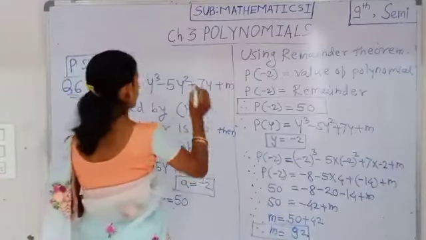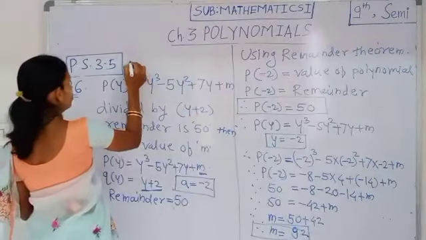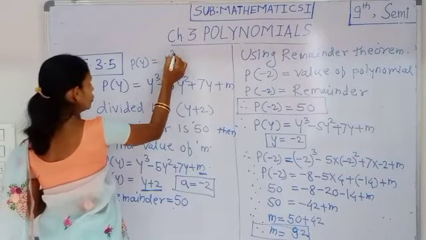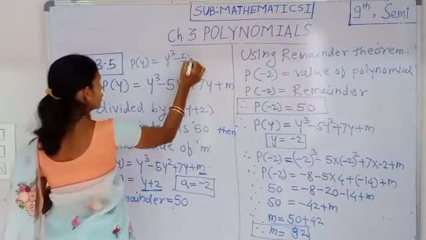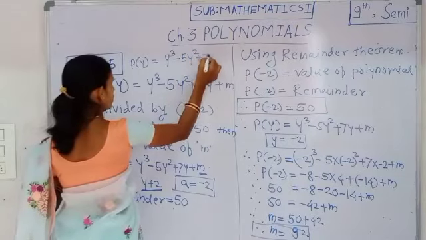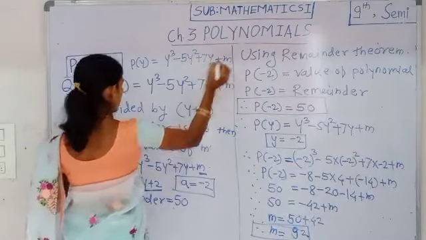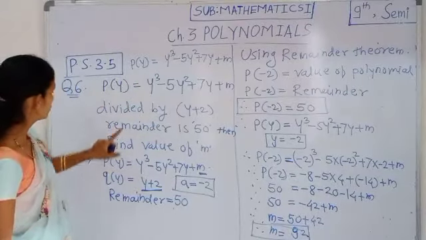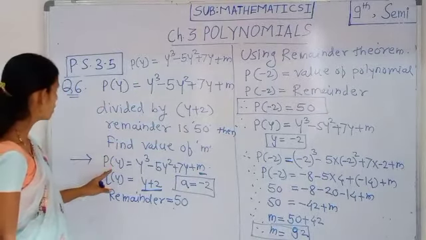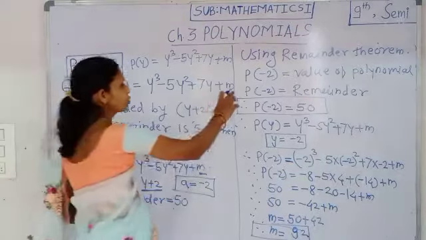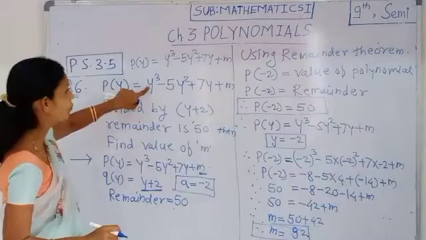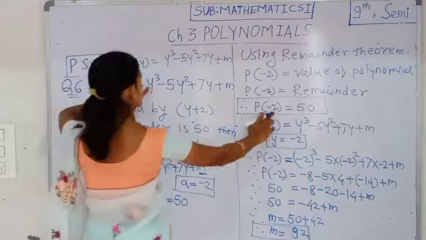Therefore, we get that polynomial in the y variable, that is y cube minus 5y square plus 7y plus m. Then we can verify that the value of that polynomial, that is p(minus 2), is 50 by putting the value y equal to minus 2.